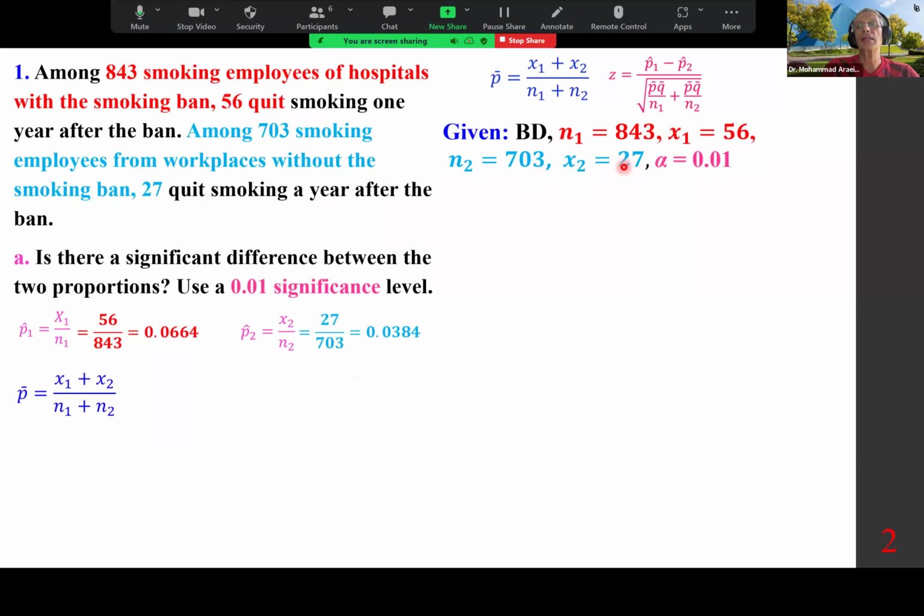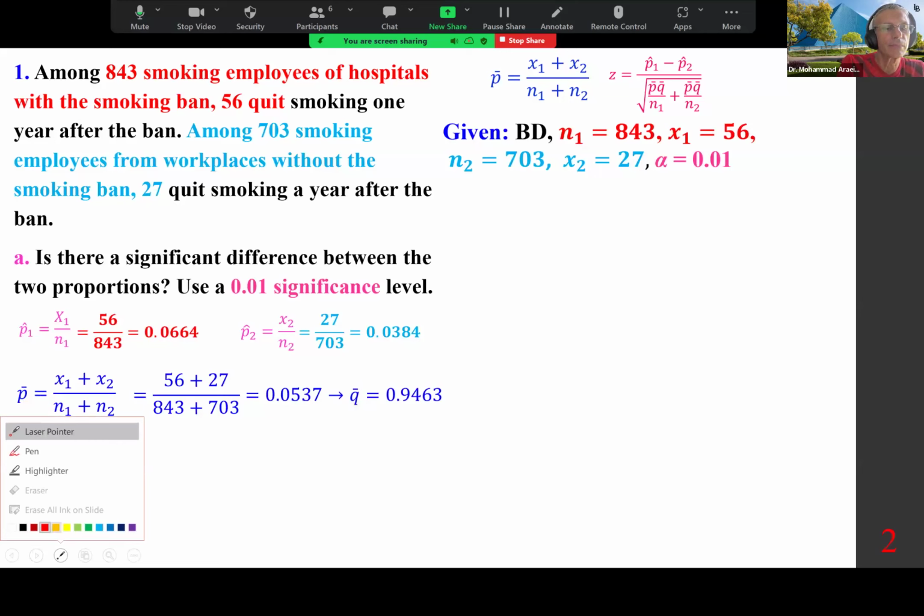That means add 56 and 27 in the numerator, 843 and 703 in the denominator. That's your answer. And we need Q bar, just as before. Q is 1 minus P, therefore Q bar is 1 minus P bar. Just write this. So very straightforward.